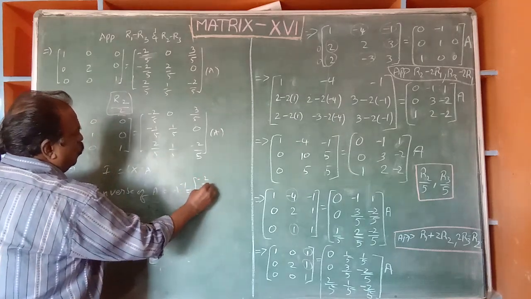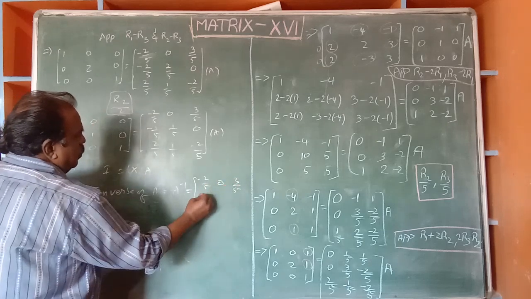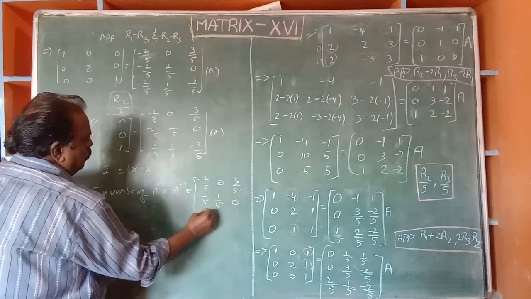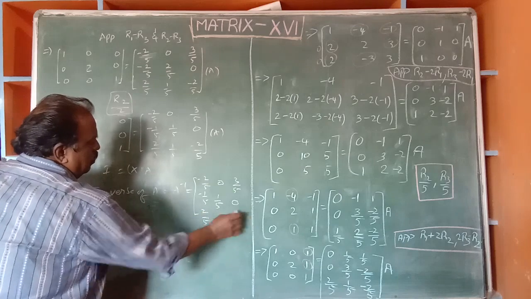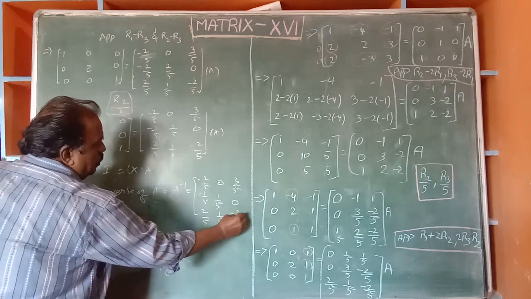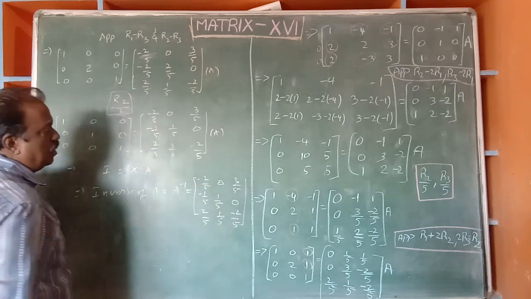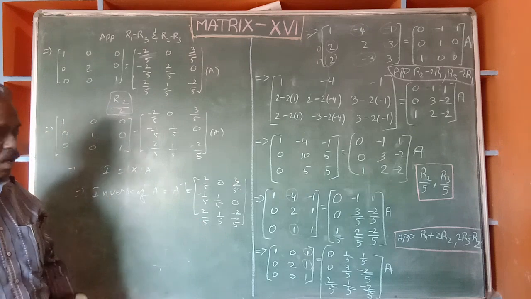This is minus 2 by 5, 0, 3 by 5. It is minus 1 by 5, 1 by 5, 0. It is 2 by 5, 1 by 5, and it is minus 2 by 5. Like that we have to solve it.